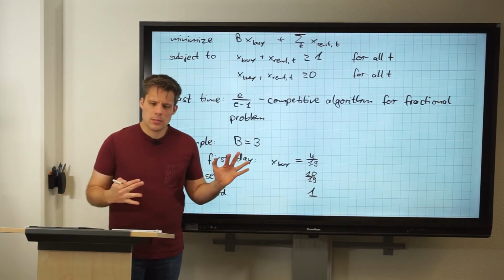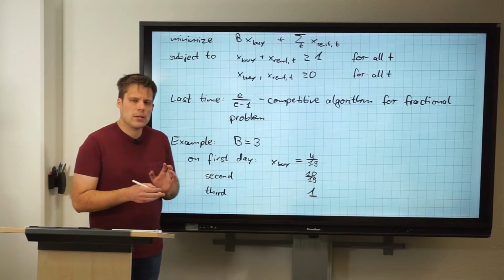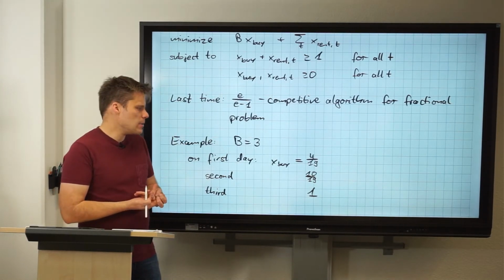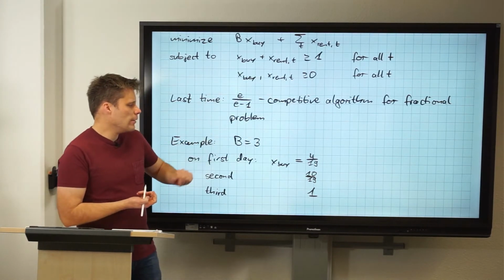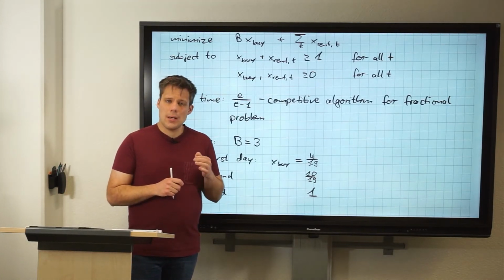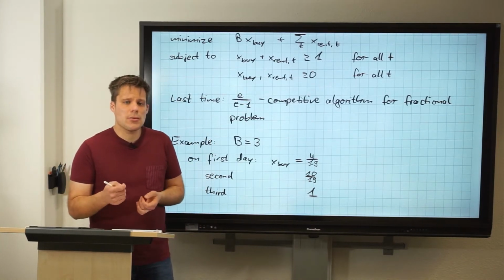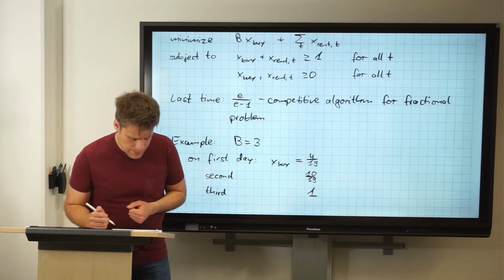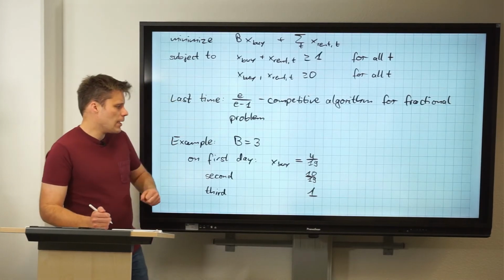This we analyzed last time, so we don't have to care today where this sequence is coming from. This is the amazing thing. We know that regardless of how long our sequence is, this will never be more expensive than e over e minus 1 times the respective offline optimum for this particular instance. How do we now get to an integral solution?